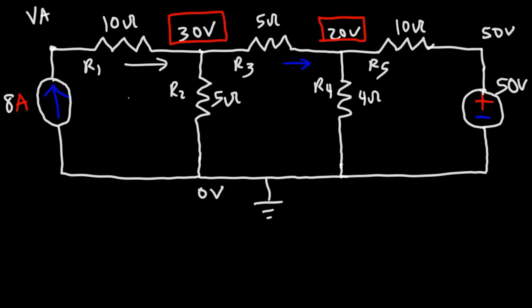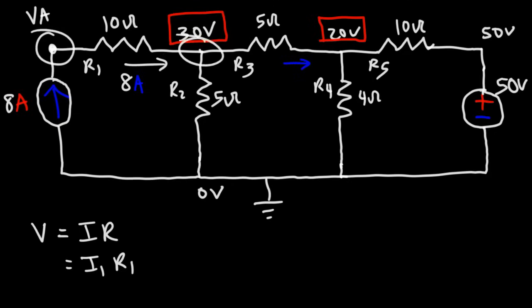Now we have 8 amps of current flowing through R1. So what is the voltage at point A? We know that V is equal to IR, where I is going to be I1, R is R1, and the voltage across that resistor, going from a high potential to a low potential following the direction of the current, is VA minus 30.